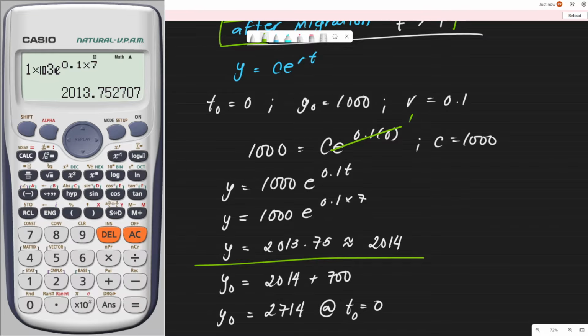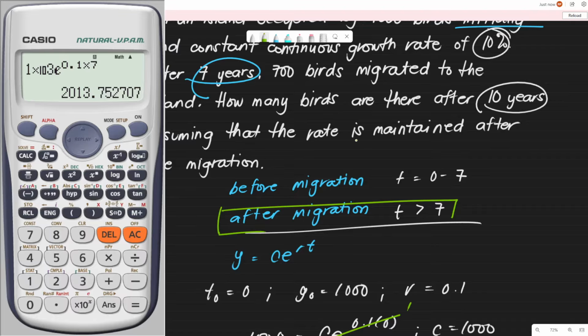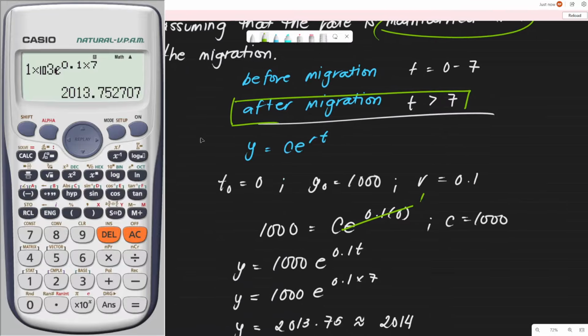Kasi guys, pag hindi tayo nag-reset, hindi ninyo mabibilang yung reproduction rate ng 700. Sabi sa problem, ano ba sabi sa problem? How many birds are there after 10 years assuming that the rate is maintained after the migration? May word tayong maintained after. So, meaning, kahit yung 700 birds na dumagdag, meron silang reproduction rate of 10%.